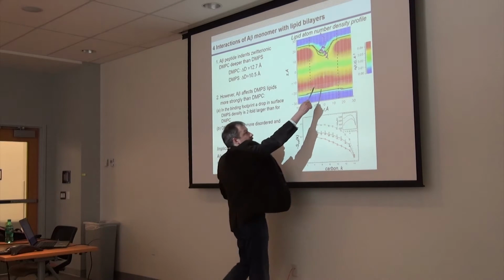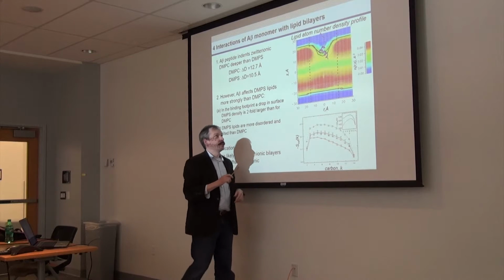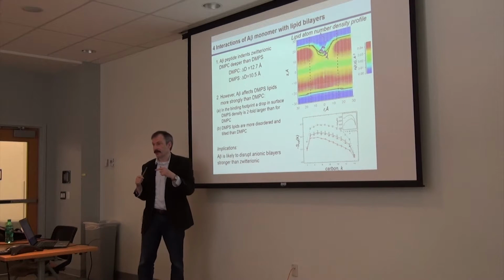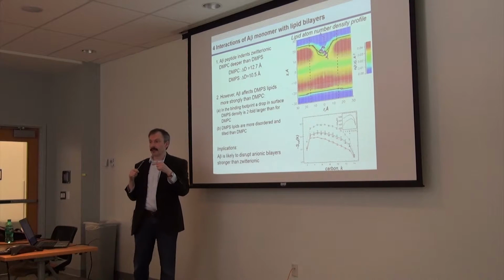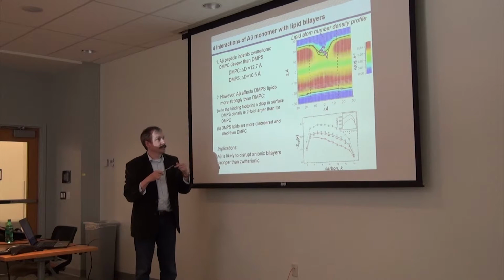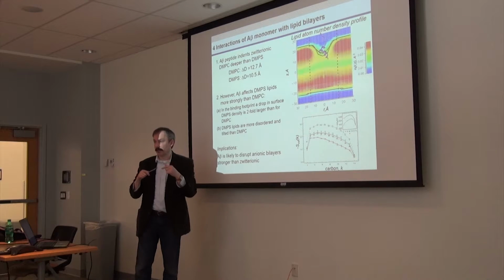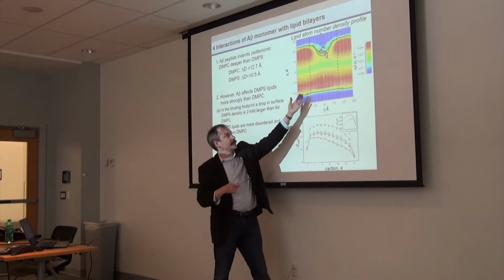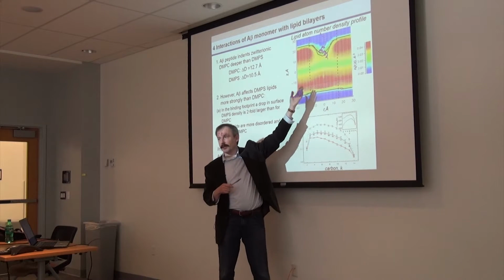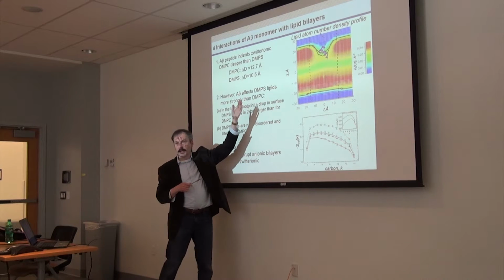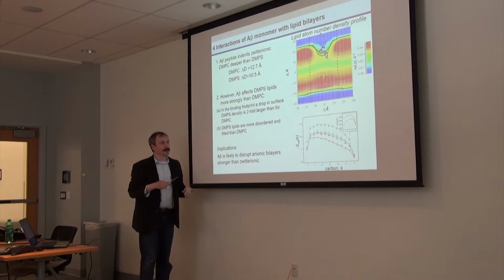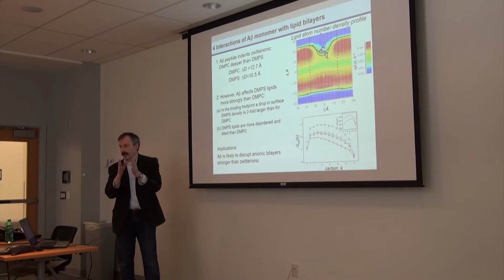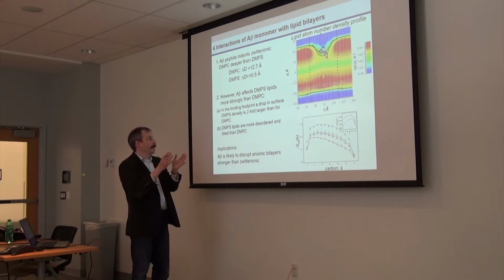However, within this binding footprint, the situation is reversed. The number density of the DMPS anionic lipids is even lower than that of the DMPC, which underscores that there is a much larger depletion of the lipid density within the binding footprint in the anionic bilayer compared to the zwitterionic one.